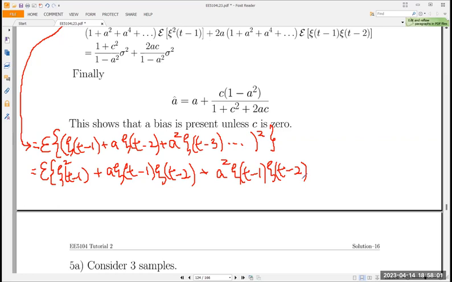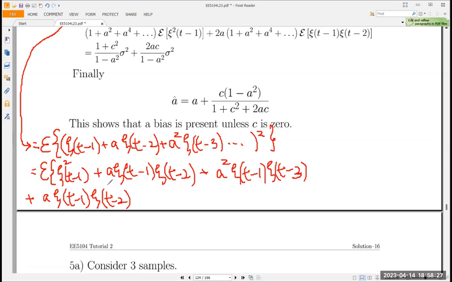Then plus this one times this, you will get a value, because when the indices differ by 1, you get a value.